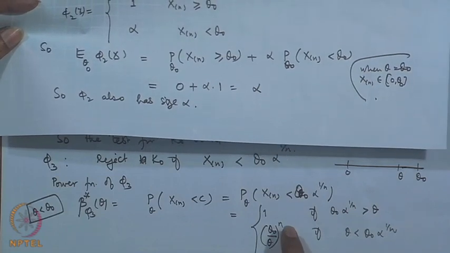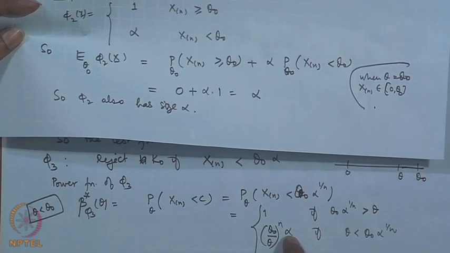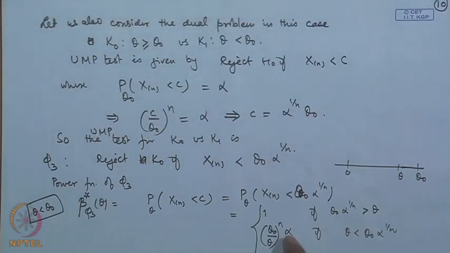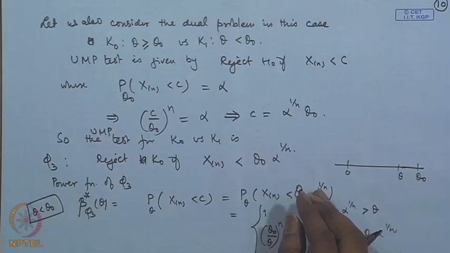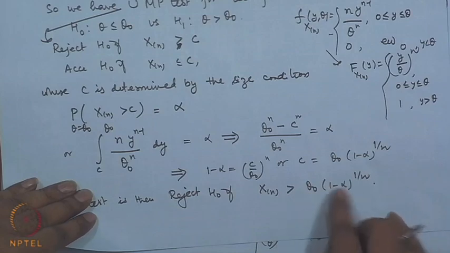Now, these two tests can also be combined. If I am considering theta equal to theta naught against theta not equal to theta naught, then for theta greater than theta naught, the rejection region is given by x n greater than something, and that something we have determined actually.